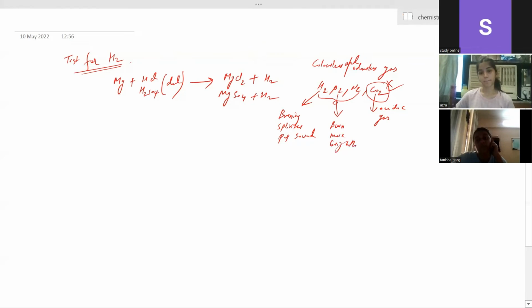And what about nitrogen? Clear? So if it's burning with a pop sound, then it's hydrogen. If it's burning more brightly, then it's oxygen. Otherwise, it's nitrogen. Clear.